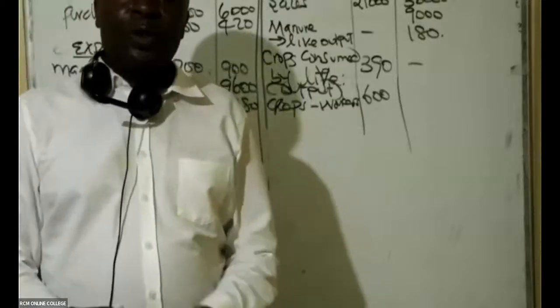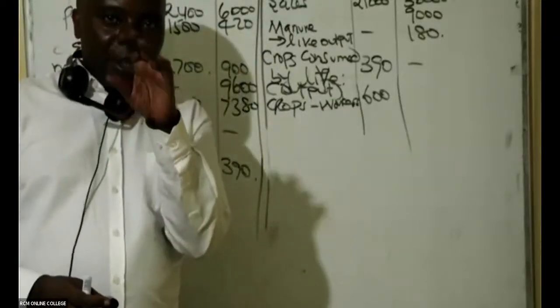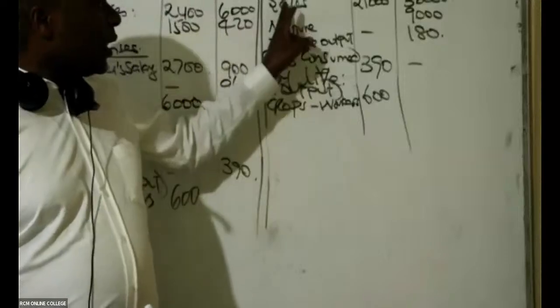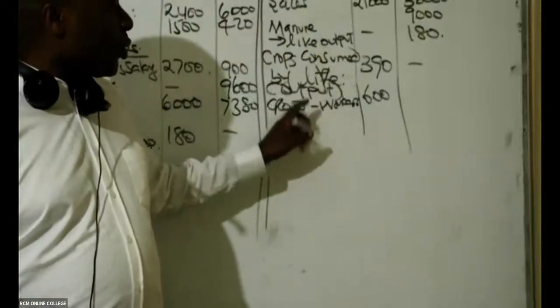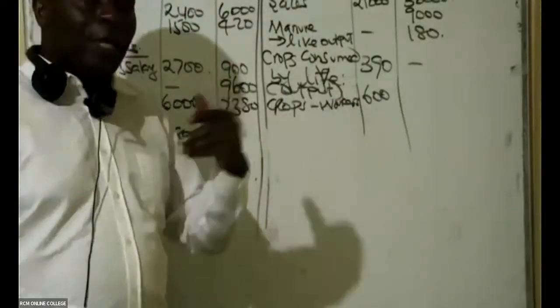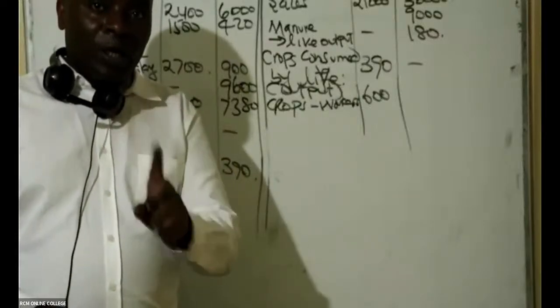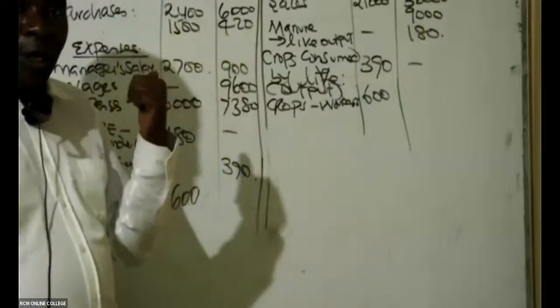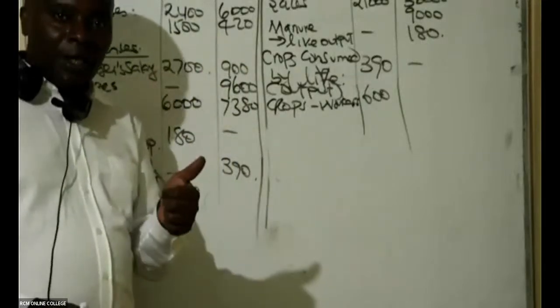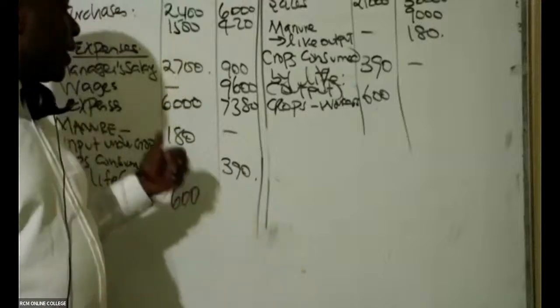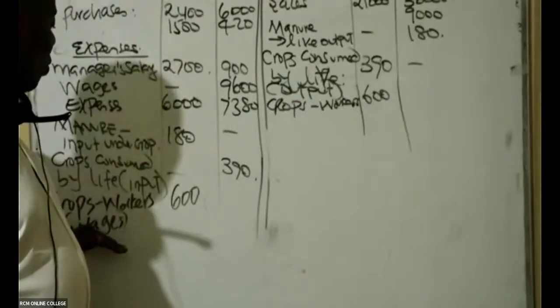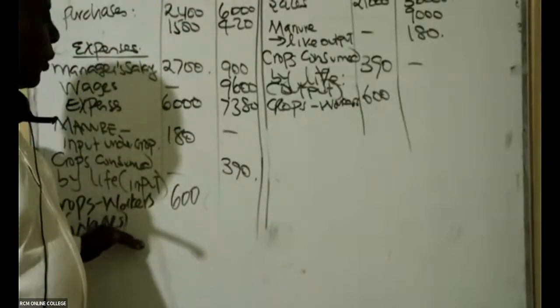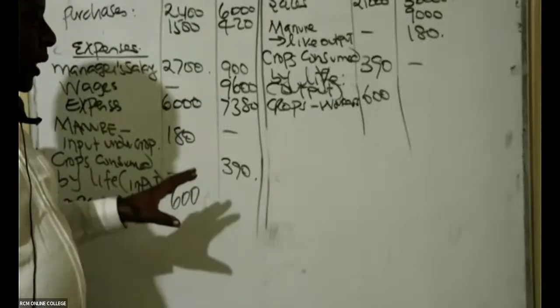What we shall do is assume straight away that where we take the sales, normally the credit side, in this case crops to the workers, we just assume we sold crops 600 to our workers, because we never paid these workers at the end of the day. So go to the expenses part and book this as an expenditure.